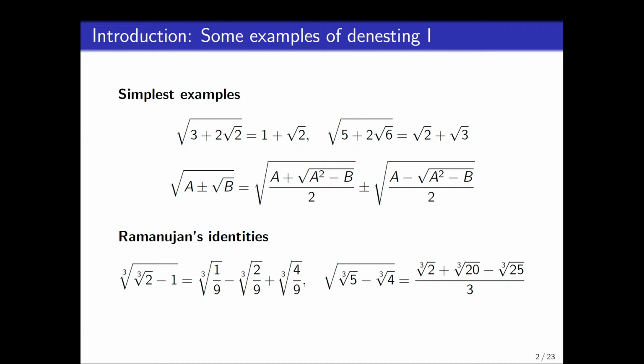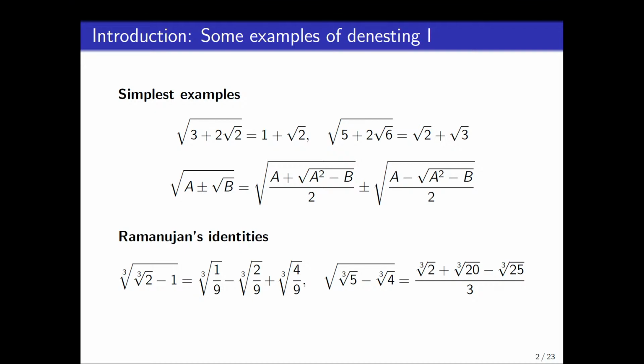Okay, our main subject of study is radicals. And here you can see some examples of such expressions. Our point of interest is so-called nested radicals, when we have, say, a square root of an expression which also involves roots.